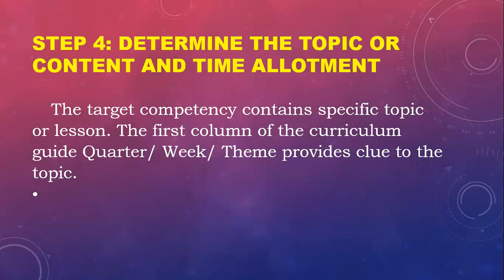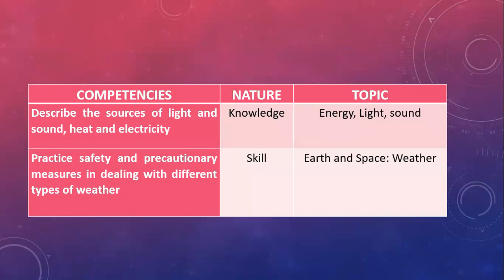So, pang-apat, determine the topic or content and time allotment. Although sa curriculum guide, nakalagay naman na yung mga set of topics and content. Pero yung execution nun, yun yung pagpaplanuhan mo. Yung time allotment nun, sa profile ng mga estudyante mo, baka karamihan slow learners. So, you have to also adjust and find ways on how you can deal with those who are, kung marami sa kanila ay slow.